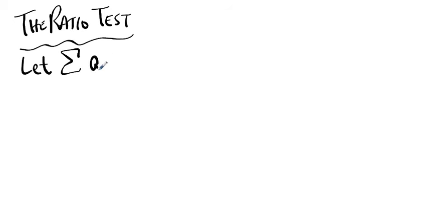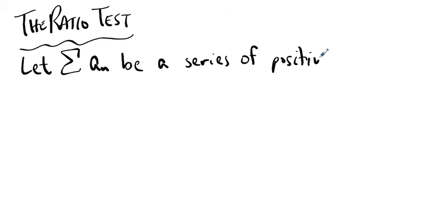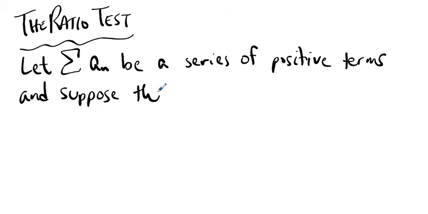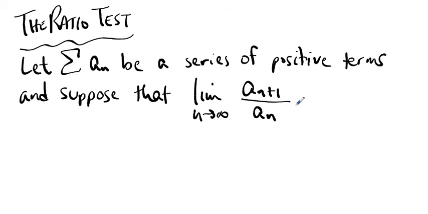Let the sum of the a_n be a series of positive terms. We're still not going to let negative terms in, not till our next lesson. And suppose that the limit as n approaches infinity of the n plus 1th term over the nth term is some number rho.